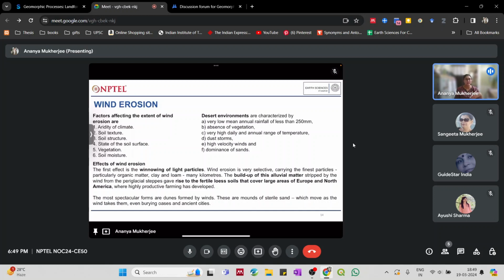Desert environments, as we had seen before, are characterized by very low annual rainfall and are mostly devoid of vegetation. Then the diurnal variation and the annual range of temperatures present in desert environments are very high. Then there are frequent dust storms where very fine sediments like sand and silt are transported from one place to another.